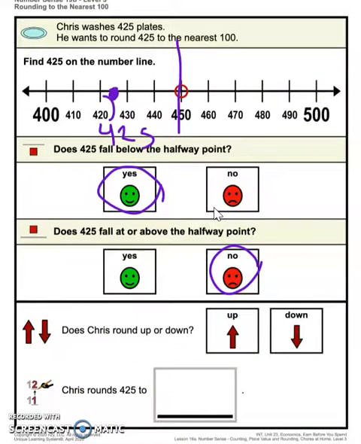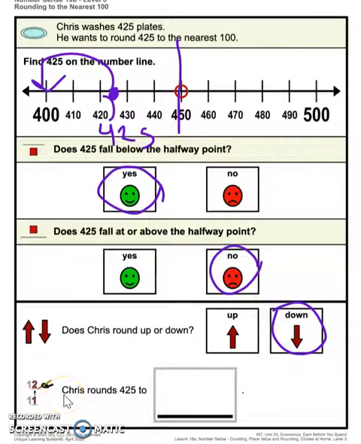So we know that we have to round down. So just like I did, make sure that you draw your arrow showing where you are going to round to, and show me here that you are going to round down.